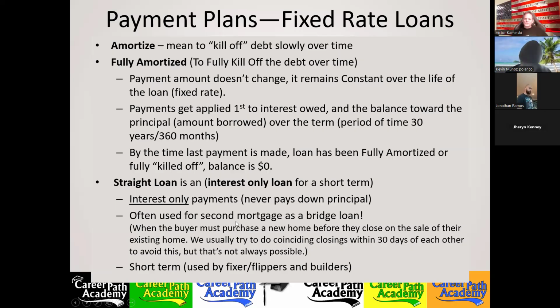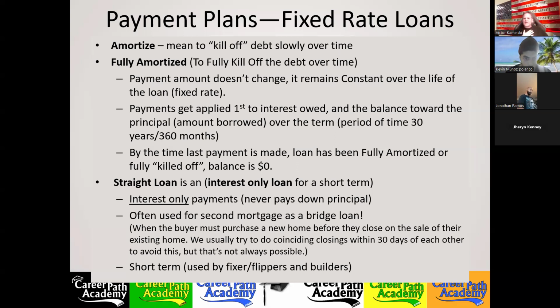It's often used for a second mortgage loan as a bridge loan, for temporary financing. If you own a house and you're buying a new home before you complete the sale on your existing one, most people cannot afford a mortgage payment on two homes.